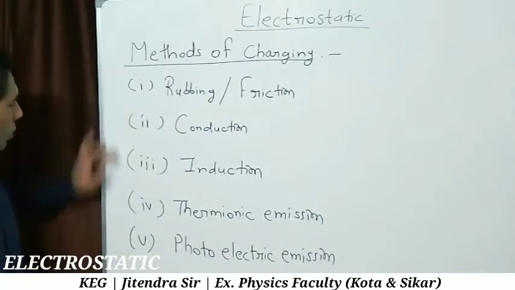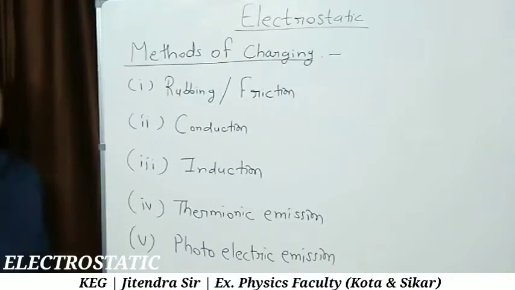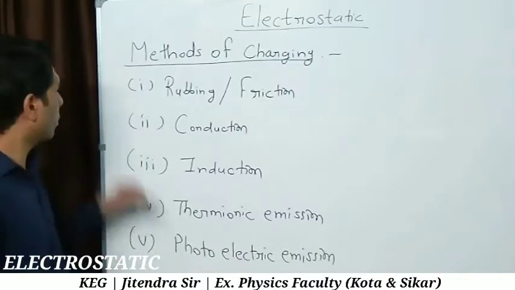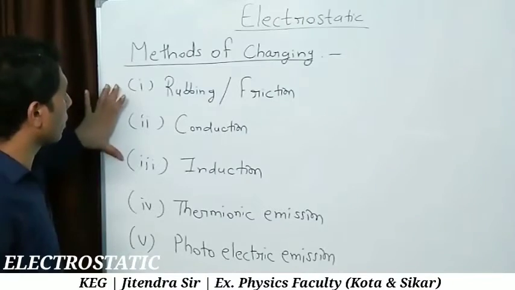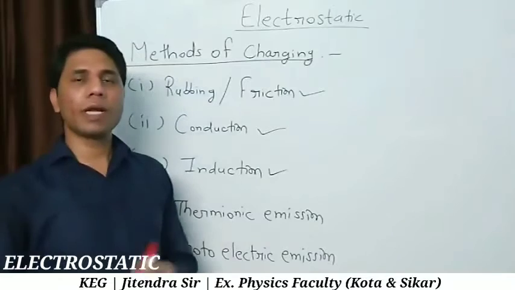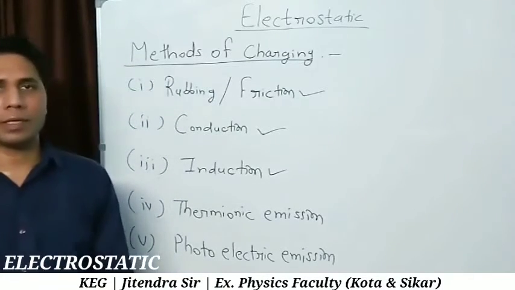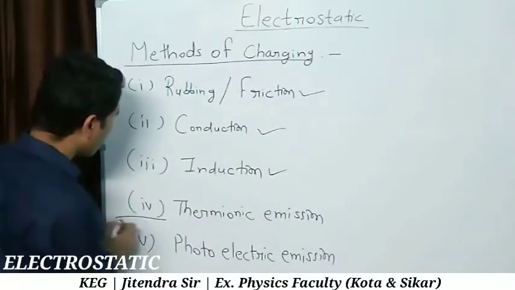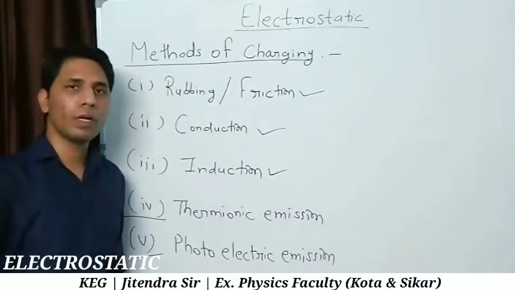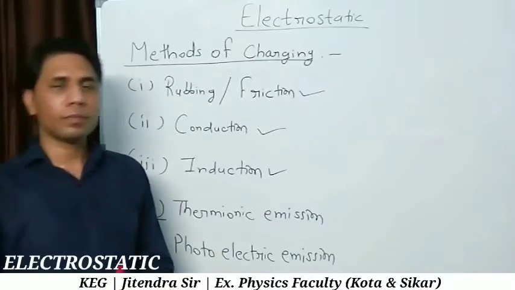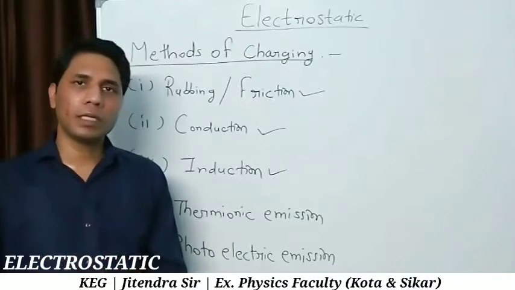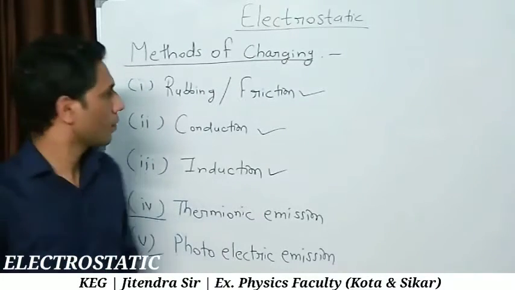So there are 5 methods of charging, but generally we follow only 3 methods of charging, that are friction, conduction and induction. In your NCERT book only 3 methods are there. There is no method of thermionic emission and photoelectric emission. So if you are going to read in NCERT, there are only 3 topics for charging.